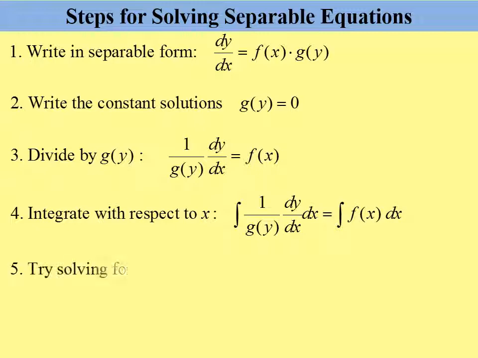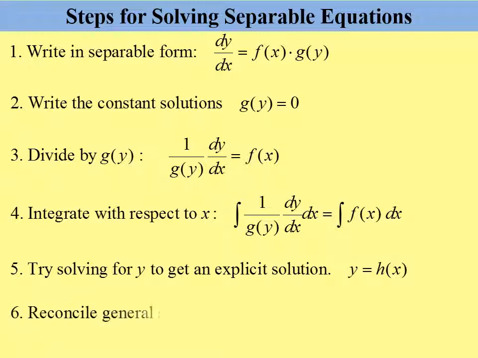That's our plan. Now we'd like to come out with an answer that just says y equals something. That can't always happen, but we'll give it a try. And finally, sometimes you'll see that the constant solutions are tied up in the general solution, so we don't actually list them separately.